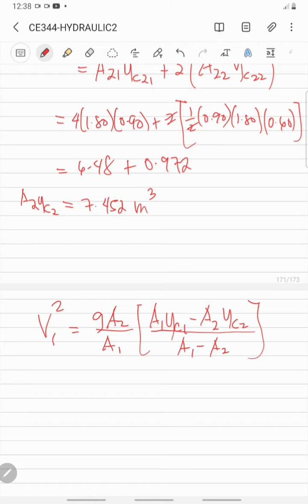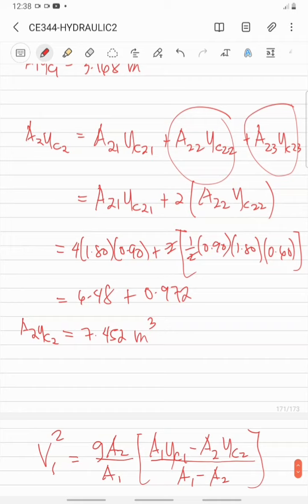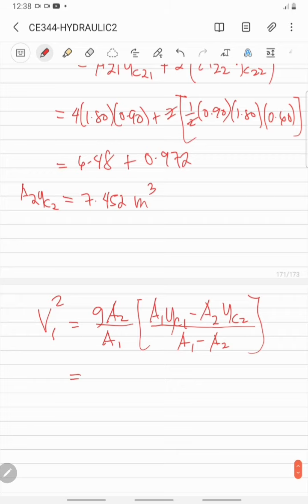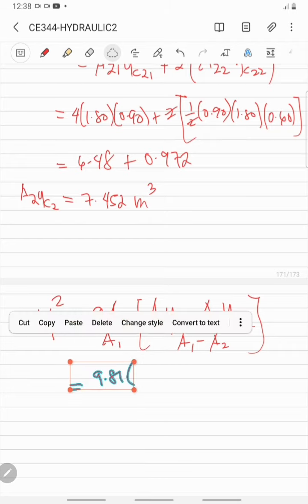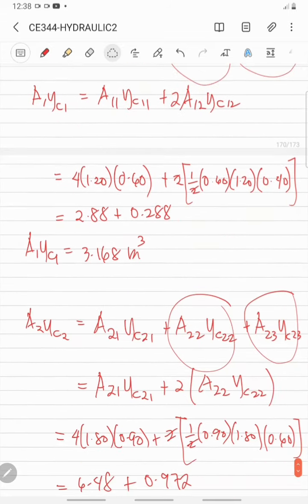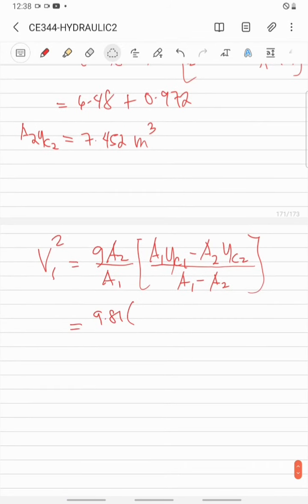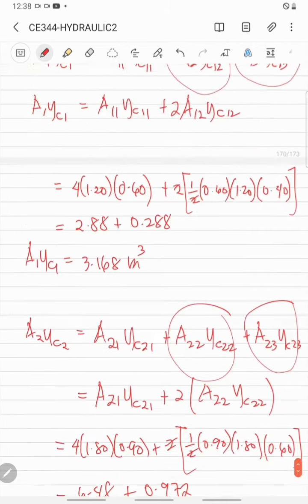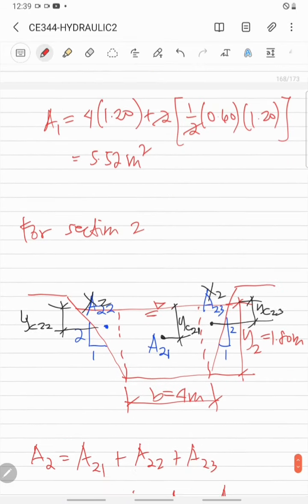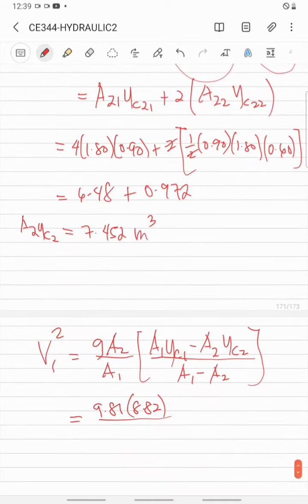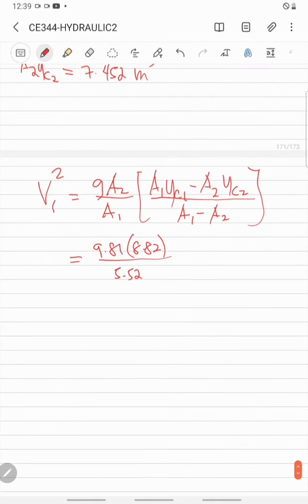So, we will substitute all the values in our formula. G is the gravitational acceleration, and that is 9.81. The area 2 is equal to 8.82. Area 1 is equal to 5.52.